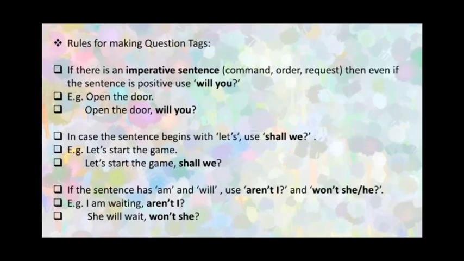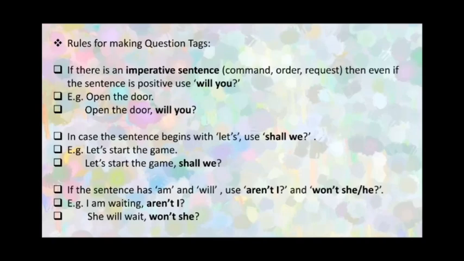Next, if the sentence has am and will, here you need to use aren't I and won't she or he. For example, I am waiting, comma, aren't I? Next, she will wait, won't she?